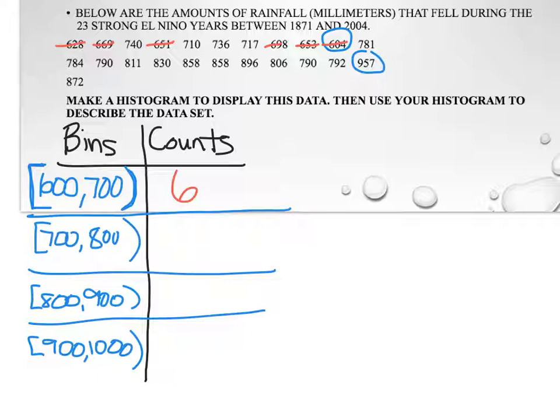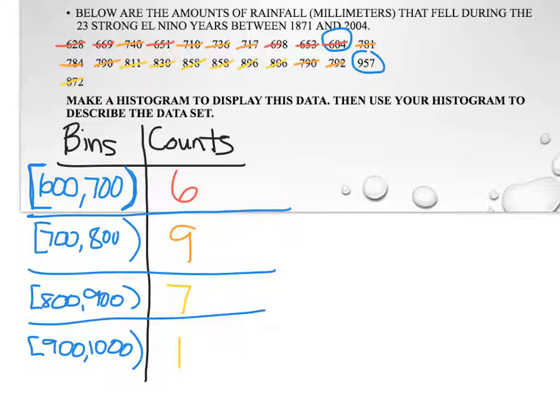How many numbers are in the 700s? 1, 2, 3, 4, 5, 6, 7, 8, 9. Okay, now we'll do our 800s. 1, 2, 3, 4, 5, 6, 7. And then lastly, there's just one number left in our 900s.